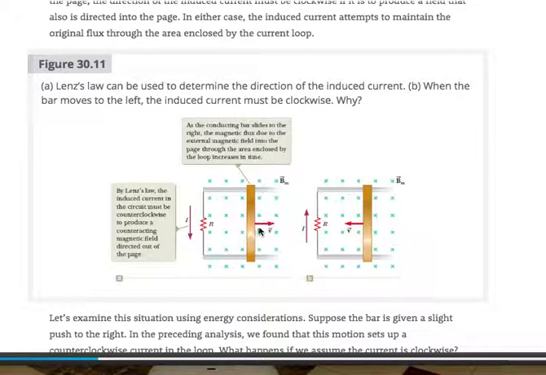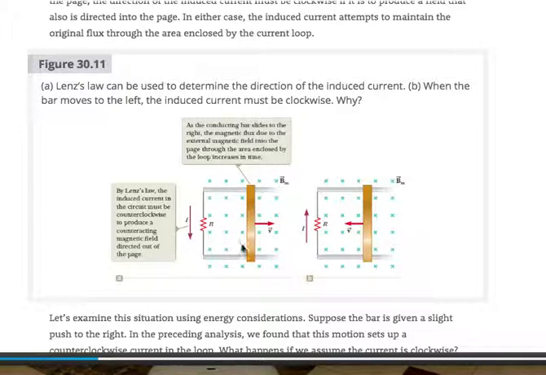So again, if this bar was moving to the left, that means you were increasing the magnetic flux because this area was increasing, which means you want a magnetic field to go in the opposite direction. So you want to create a magnetic field that would come out of the page, because you're increasing the magnetic field that's going through this area.